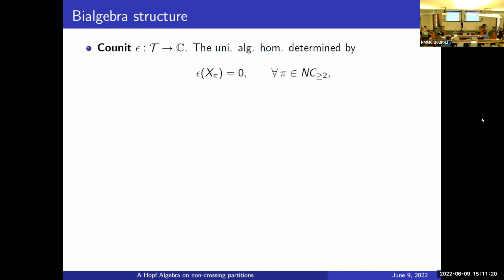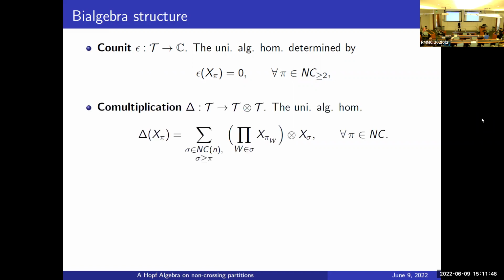It's a function from the algebra T to the complex numbers, and I will set everything to 0, except of course the unit goes to 1, because it's a unital algebra homomorphism. Here I just say the definition for x pi, but you can extend it to the whole algebra; it's very easy to extend.